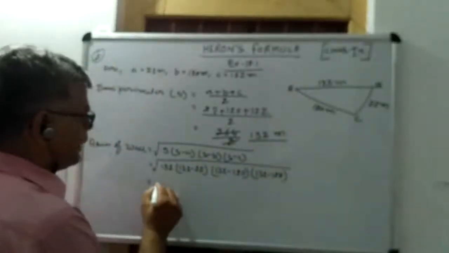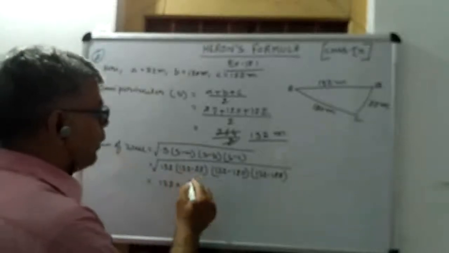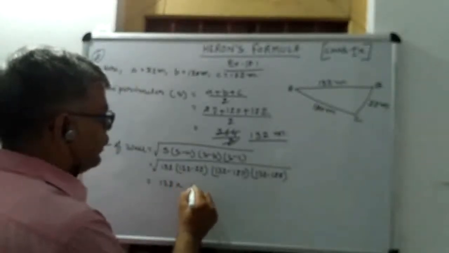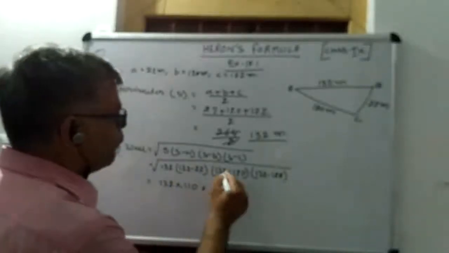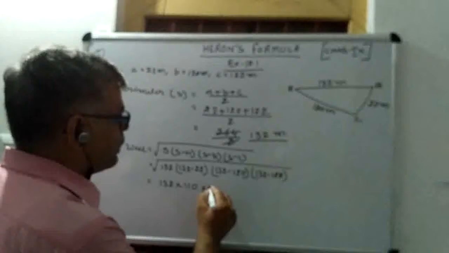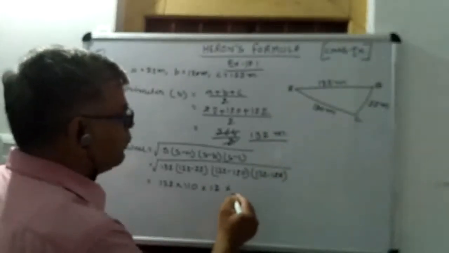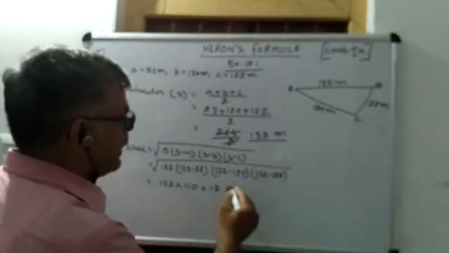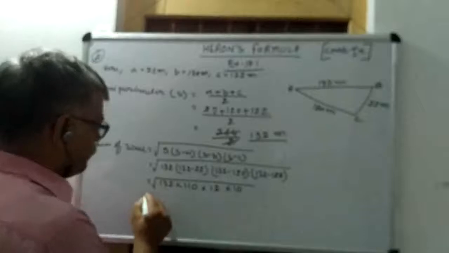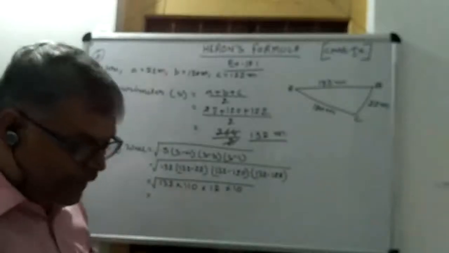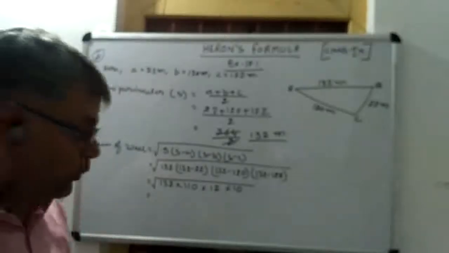Now simplify it. 132 into, when you subtract, you get 110 into, when you subtract, you get 12, and when you subtract, you get 10. Now you have to try to make pairs of the numbers lying within the square root.